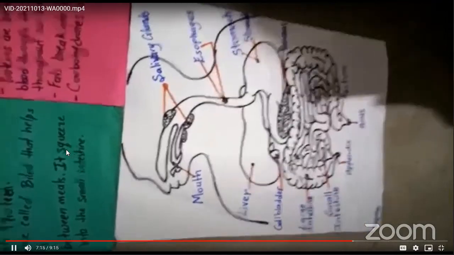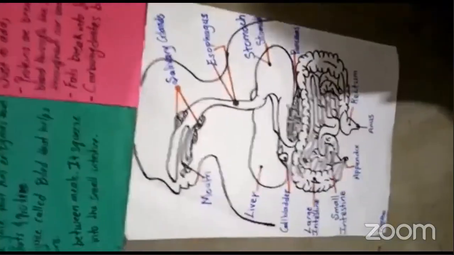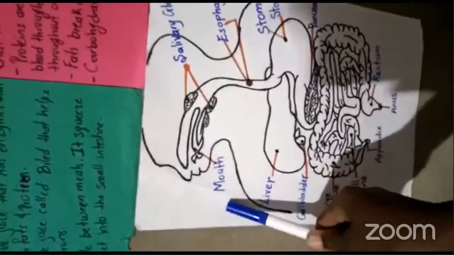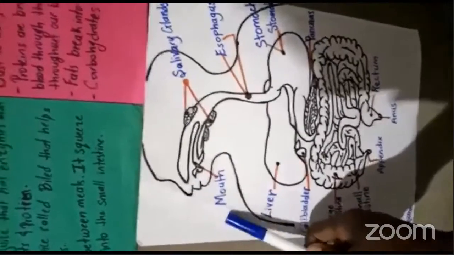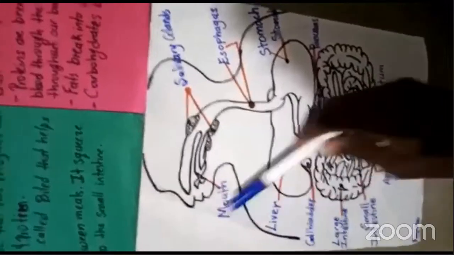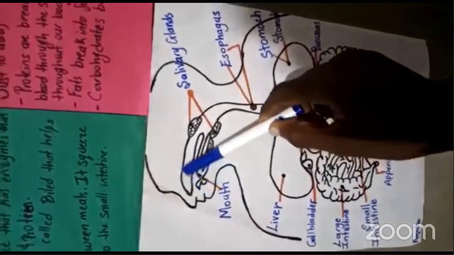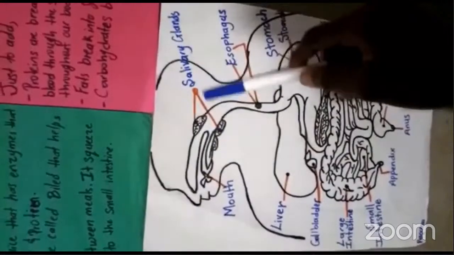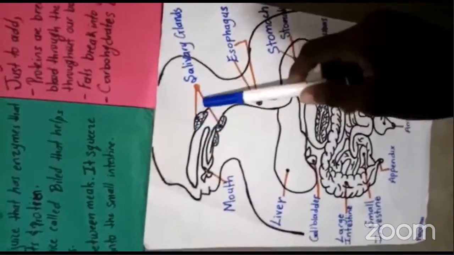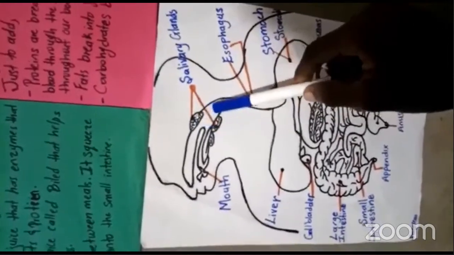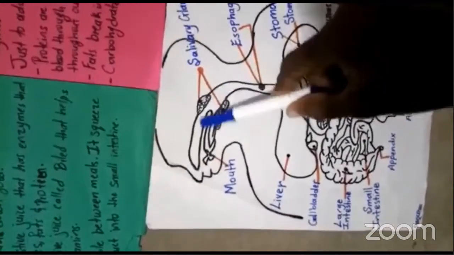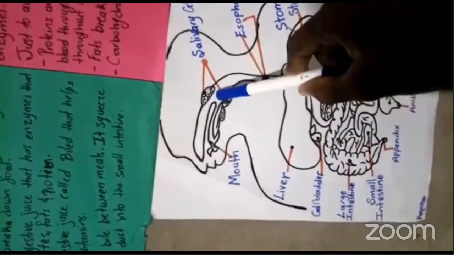Let's say this is Paul. Paul eats an apple. Remember, digestion takes place from the mouth. After Paul has eaten the apple, the saliva starts to build up. Paul starts to eat and the food goes down. But while it's going down, you have the epiglottis.